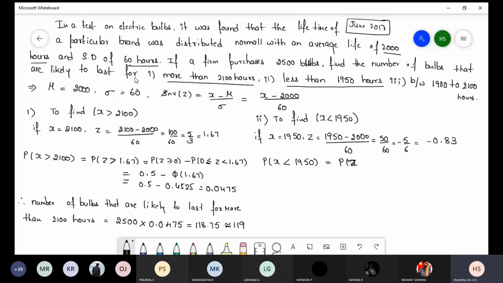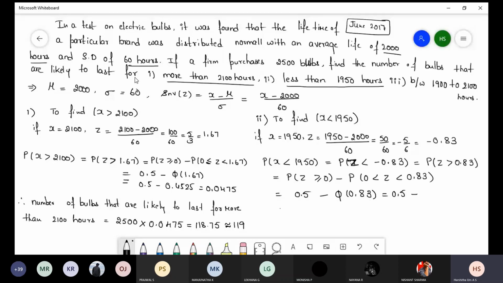By symmetric property we can write P of z greater than 0.83, which is P of z greater than or equal to 0 minus P of 0 less than z less than 0.83. So 0.5 minus 0.2967, which is 0.2033.